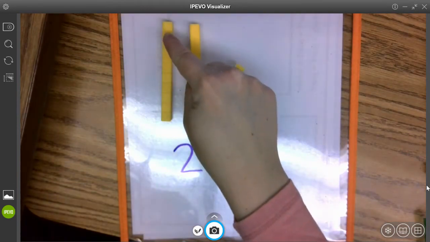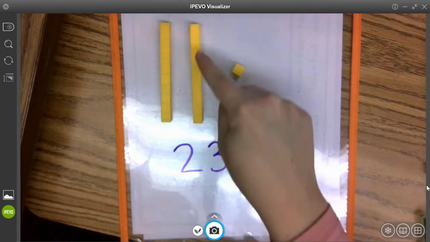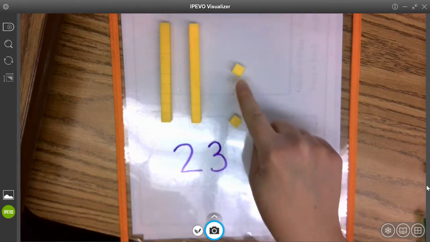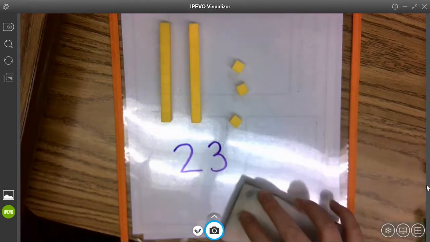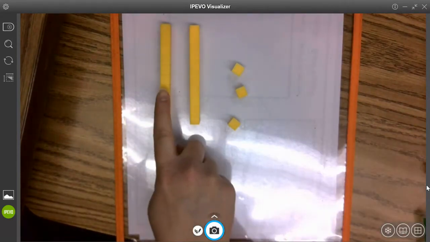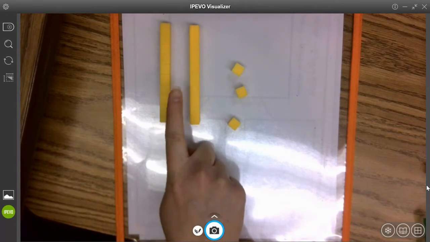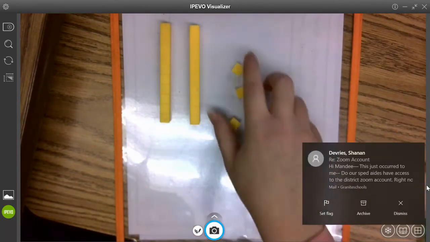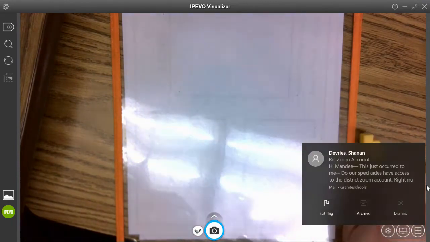Again, if I were to go count each of the little boxes I see, I would be able to count 20, 1, 2, 3. But we don't need to count the individual boxes. When I see this, I can just count by tens. 10, 20, 21, 22, 23. Okay, let's try another one.